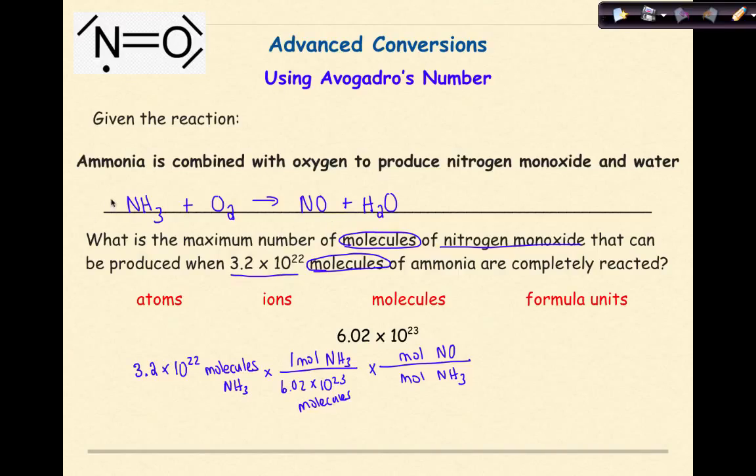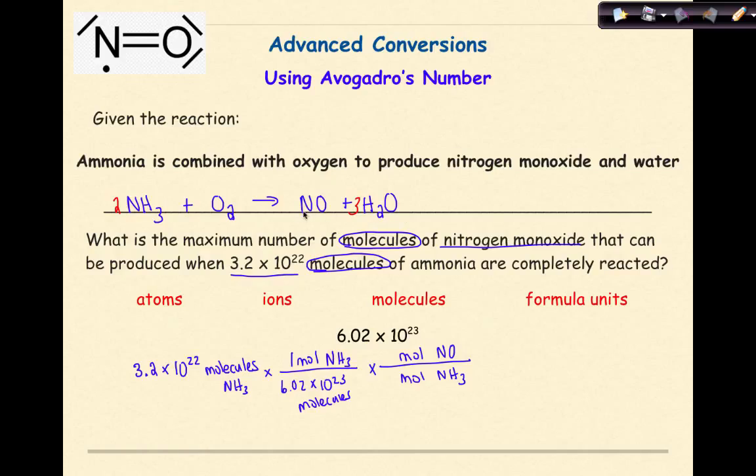What if I put a 2 here and a 3 here? That will, oh no, wait a second, we can't do that. Even though I've got 6 hydrogens on each side, I automatically have 2 nitrogens here, and I need to get 2 nitrogens over here.